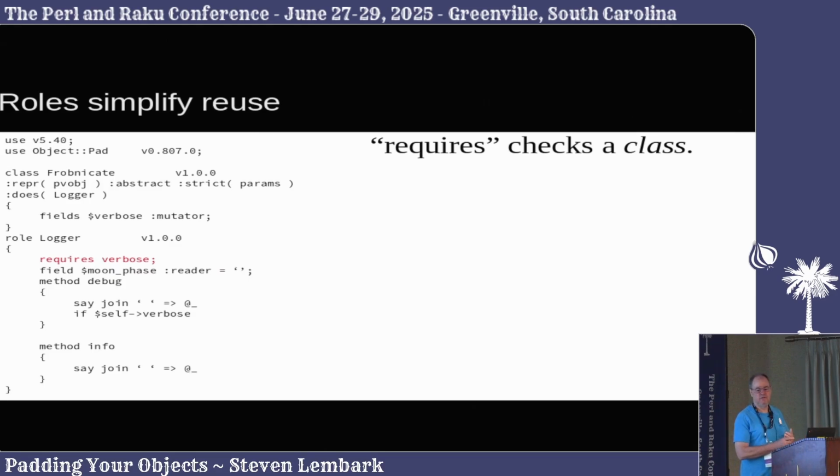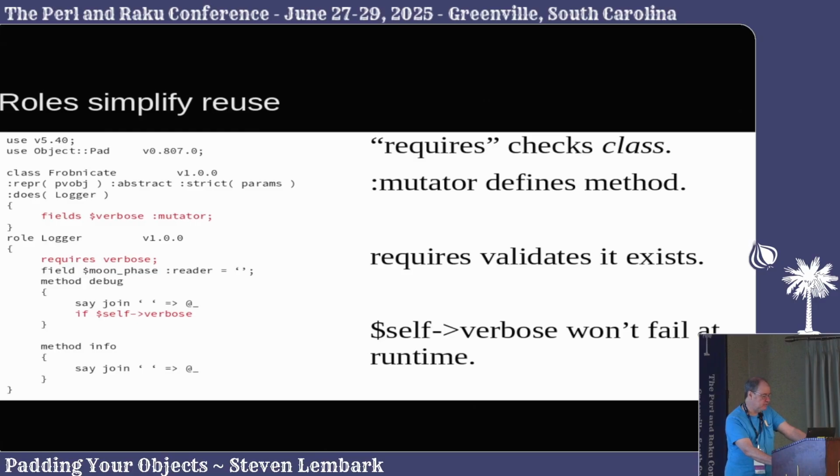All of us have been in the situation where you use something and you discover halfway through a 1-hour run that there's a method that isn't defined somewhere. Wouldn't you rather find that out when you test it? So roles have a requires. What that says is, in this case, if I require verbose, any class that uses me has to export a method called verbose.